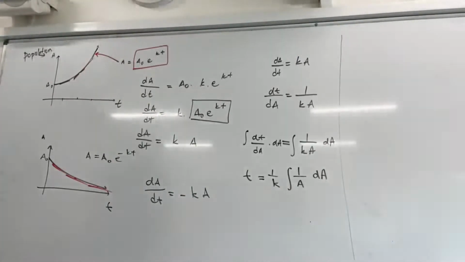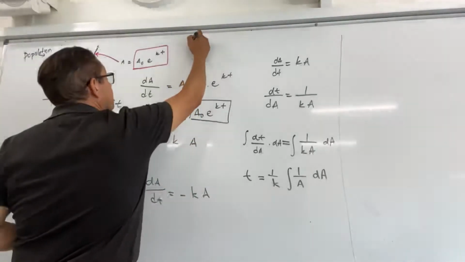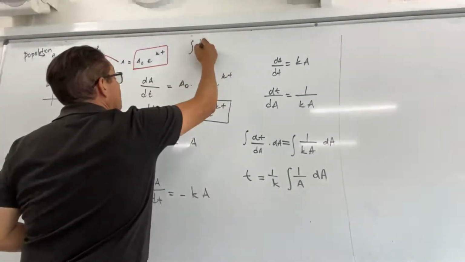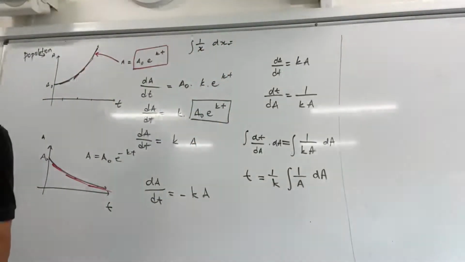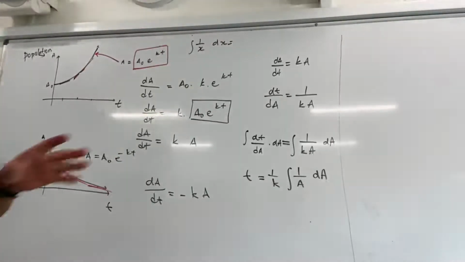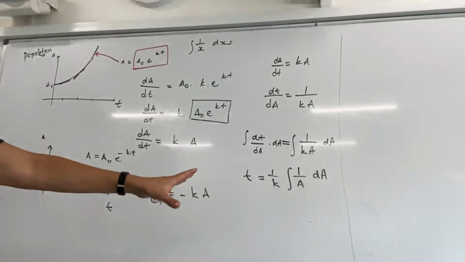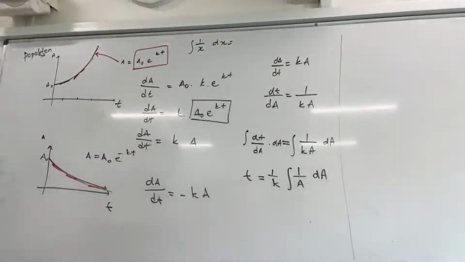Log A. See, if you ignore the fact that it's A, and if I was to ask you this question, everybody would give me the answer. Oh, that's log x. I know that. It's exactly the same thing here, but with A. So this now becomes this.